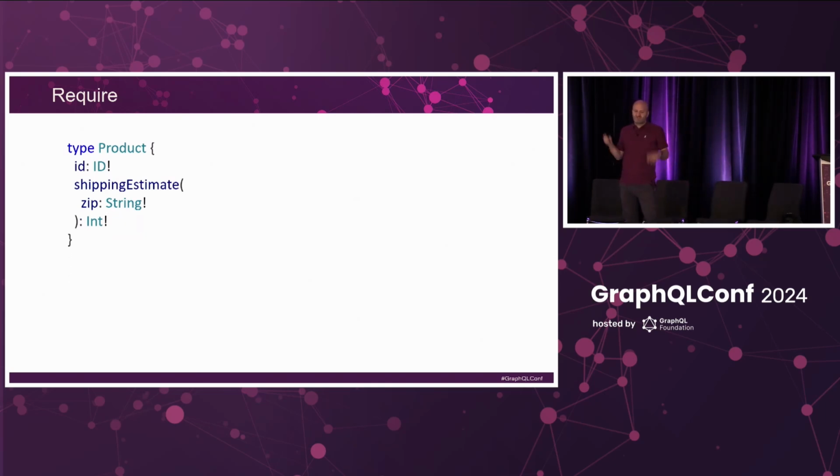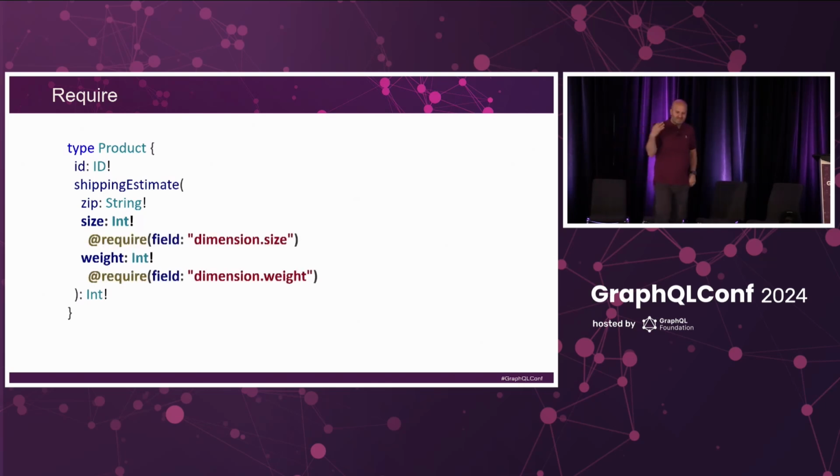But don't worry, your consumers of the GraphQL schema will just see the shipping estimate field as it's intended. But on our subgraphs, we now express these data requirements as arguments on the field and then provide some metadata to mark them as data requirements.